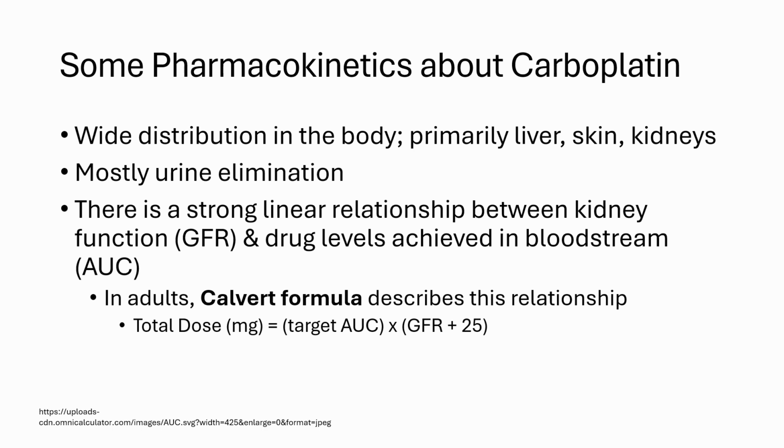And using the Calvert formula, we can actually calculate an individualized dose for each person based on their kidney function. And this gives us the ability to have a much more predictable level of carboplatin in the body.